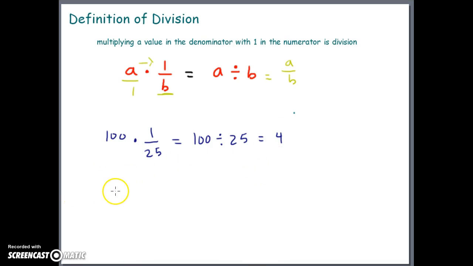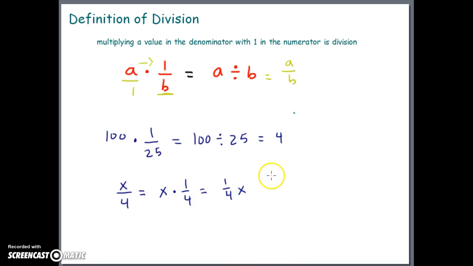Another example that you might see is, if you've got x divided by 4, you can rewrite this as x times 1/4, which is the same thing as just saying 1/4 times x. So you can take division and turn it into multiplication if you want by using this identity, which is just the definition of division.